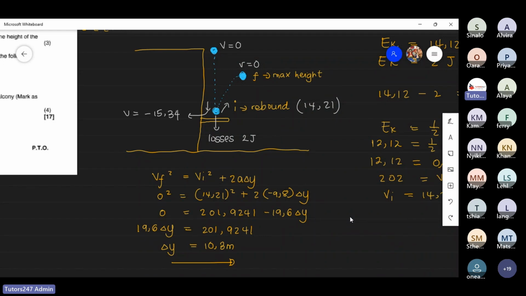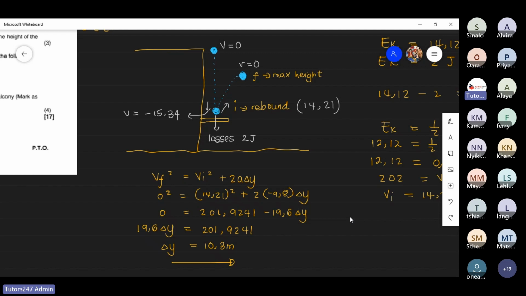The use of the word displaced just refers to a change in position. If you are changing your position from top to bottom, it's going to be negative. If you change your position from bottom to top, it's going to be positive. That is only on the condition that you took upwards as positive. So keep that in mind.